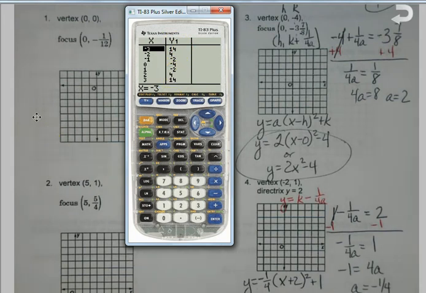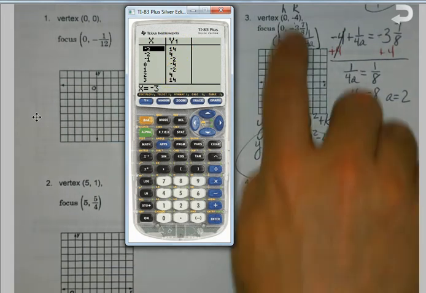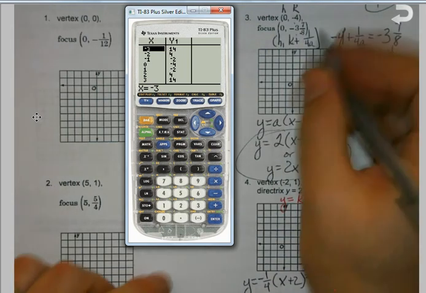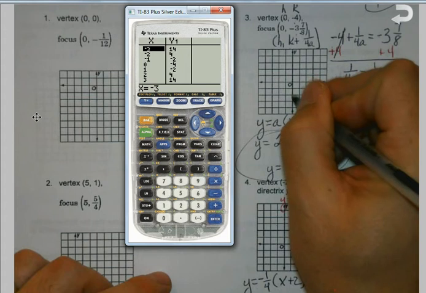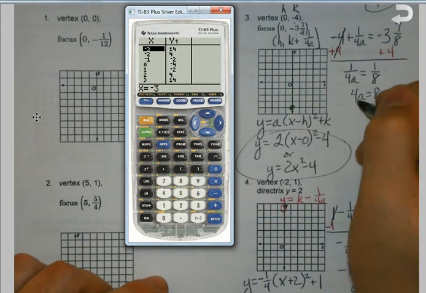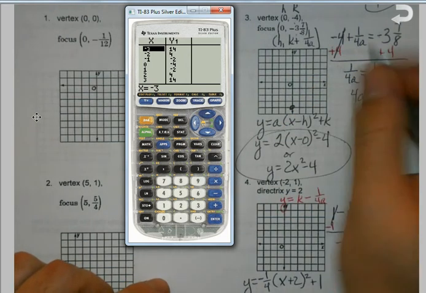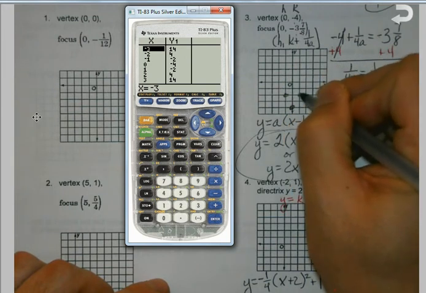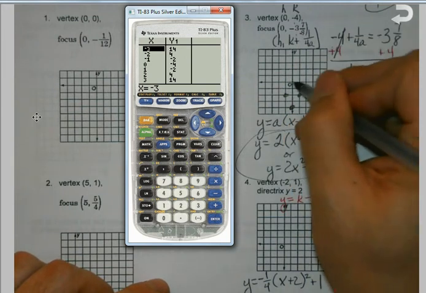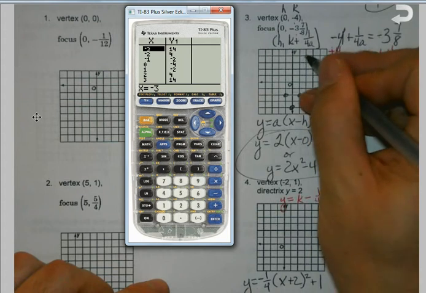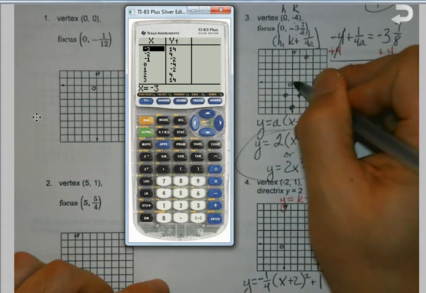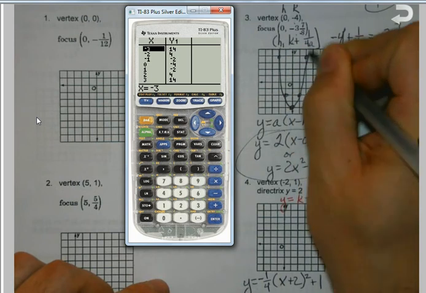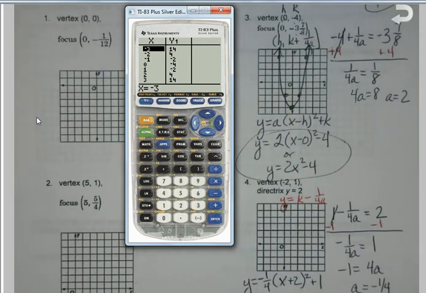Now, if I made a mistake somewhere and my equation's wrong, when I go to graph it, my vertex won't be my point that's in the middle. But in this case, it is. So I'm going to go ahead, plot my vertex, and then I'm just going to look for some values to the left and to the right that are going to get me that nice even U shape to open that up.